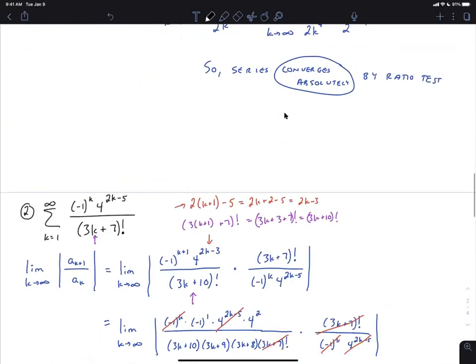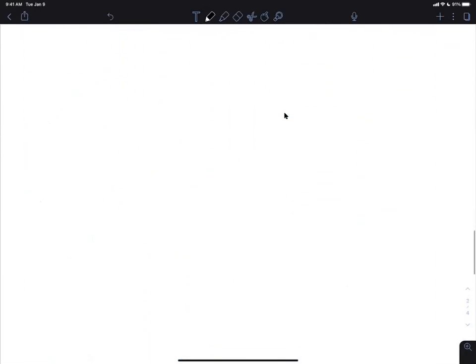So number 3, we will do the root test on the sum k equals 4 to infinity of 4k plus 1 over 3k minus 7 to the 2k power. All right, so this is an example where we will use the root test.